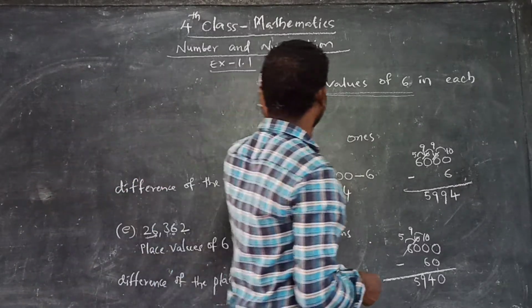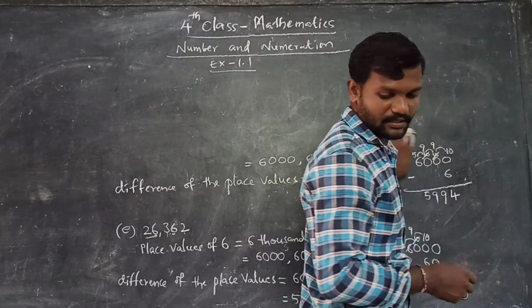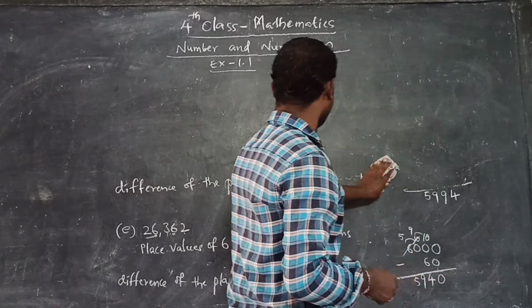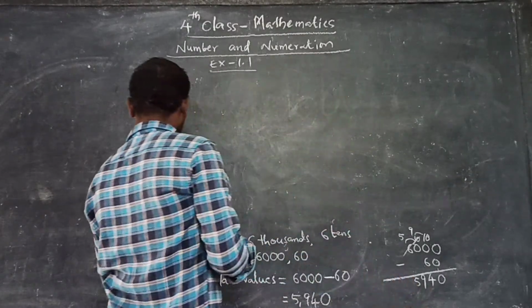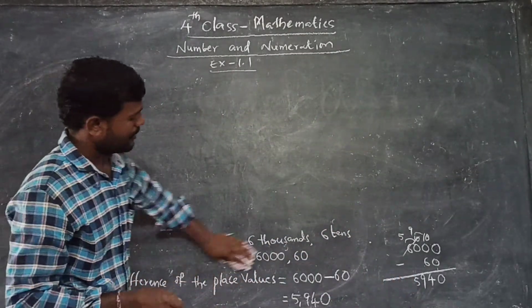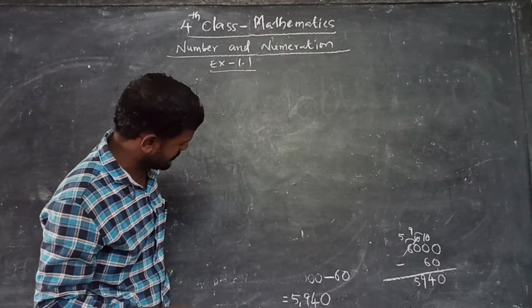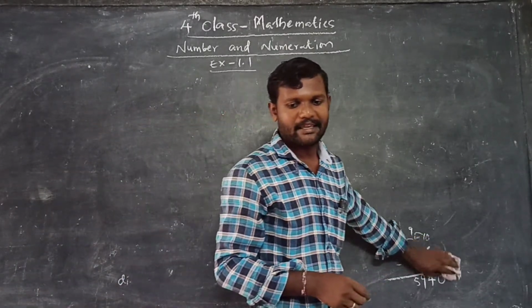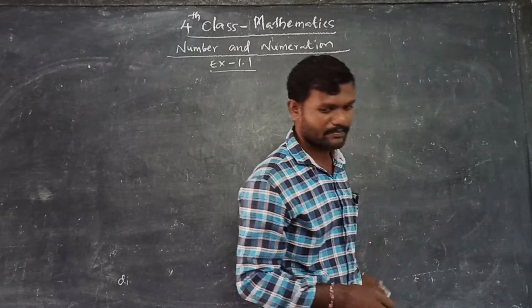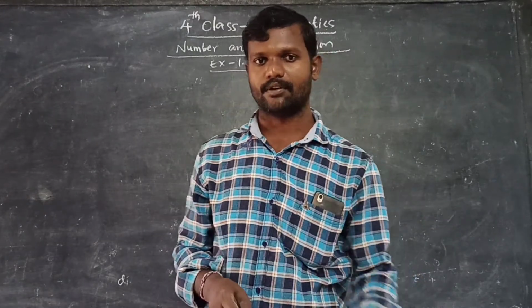And now go to the 10th bit in page number 11. In page number 11 there is the 10th bit from this exercise. Observe the 10th bit in page number 11. What is that? Draw an abacus to represent each of the given numbers.